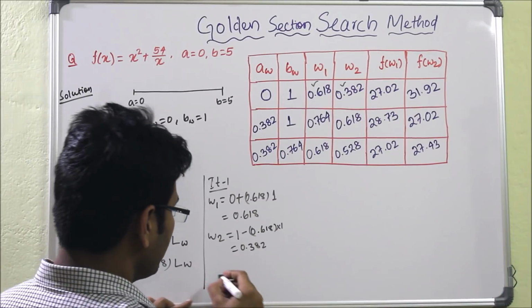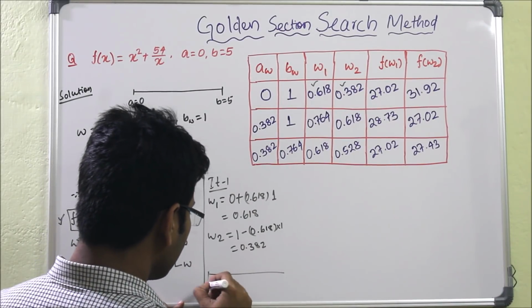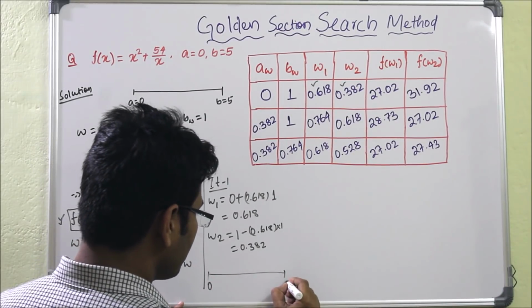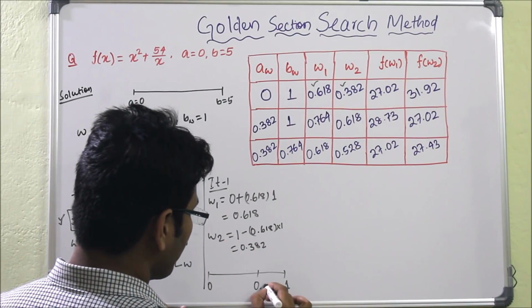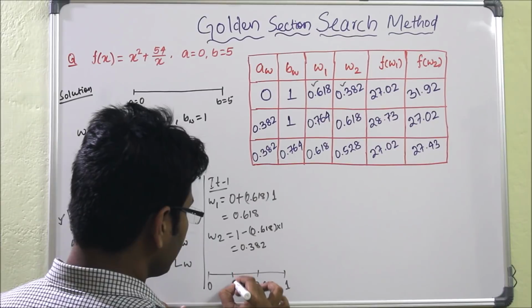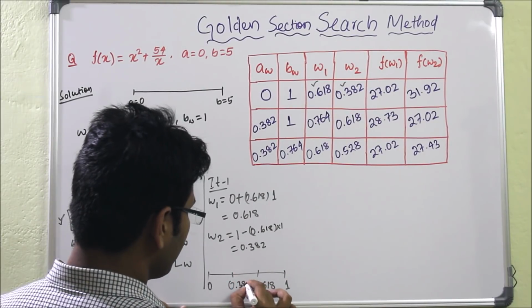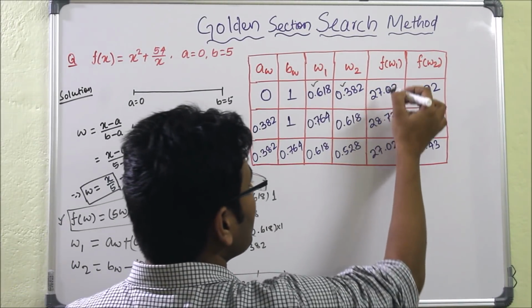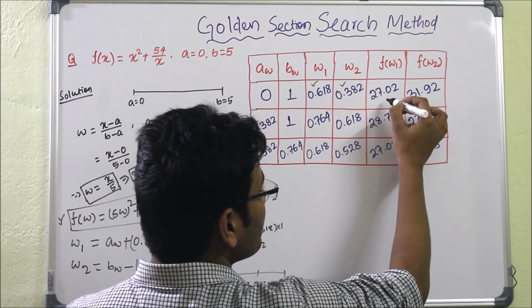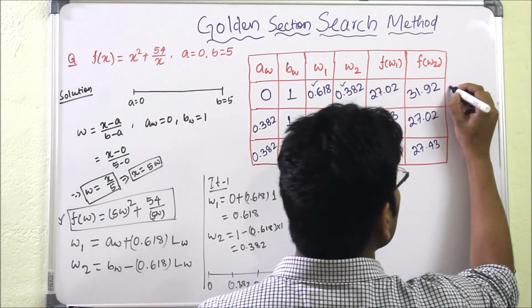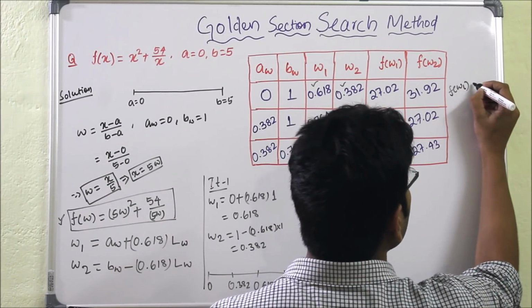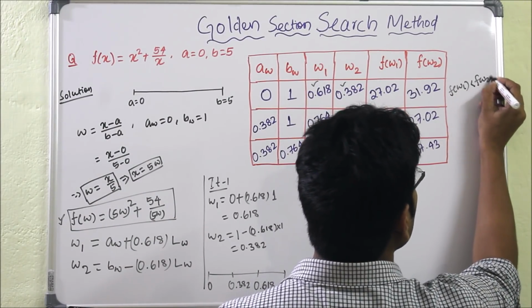Here this is 0, this is 1, w1 is 0.618 and w2 is 0.382. Now f of w1 is 27.02 and f of w2 is 31.92. So f of w1 is less than f of w2.